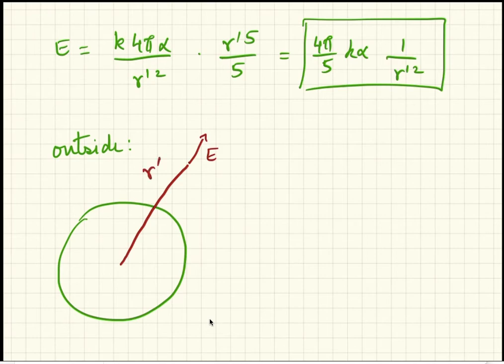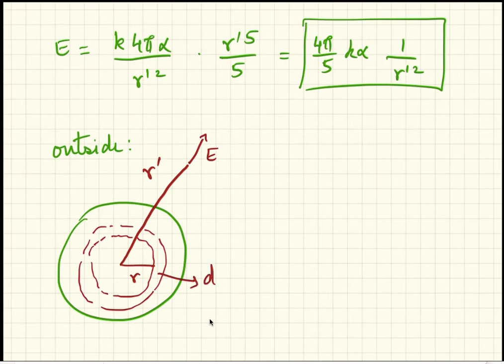So we'll again draw a shell. We'll call this radius r. The charge there is dq. Again, everything is the same. So dq is rho times 4 pi r squared dr.